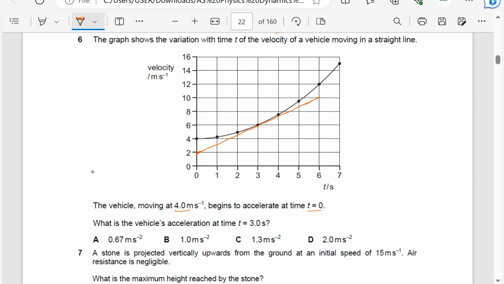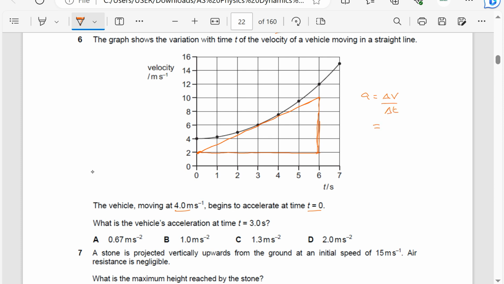Okay, so I've tried to draw a tangent. You can try to draw a better tangent than me. If I find the gradient of this triangle, the acceleration is going to be the change in v over the change in time.